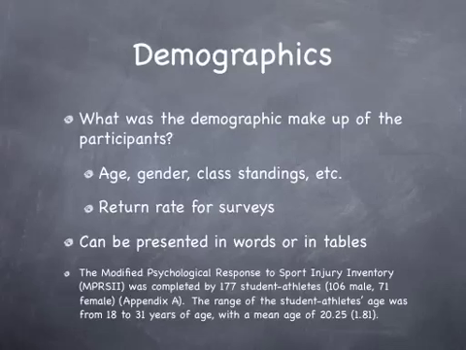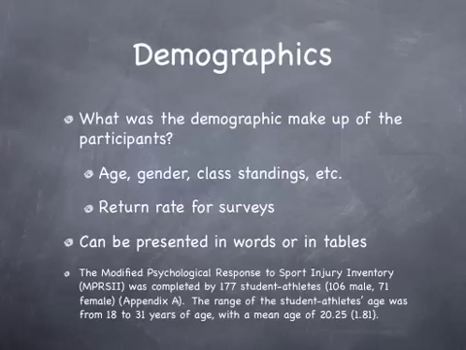The range of the student athletes' age was from 18 to 31 years of age, with a mean age of 20.25 with a standard deviation of 1.81. So she's provided us how many people were in the study, told us that there was 177 student athletes that took the questionnaire. There was 106 males and 71 females.